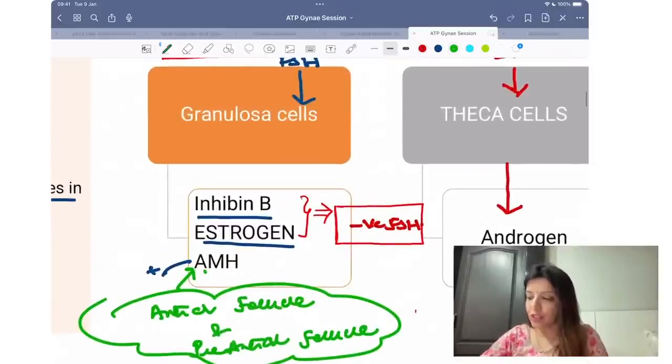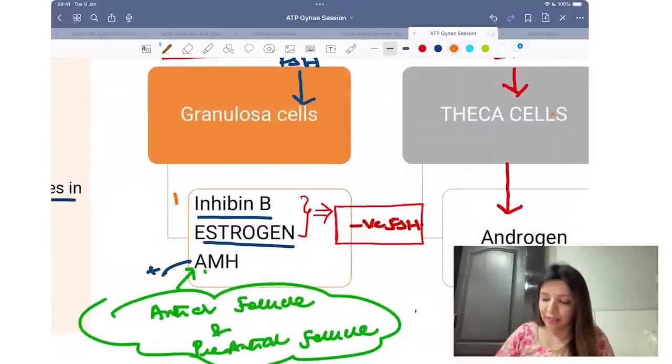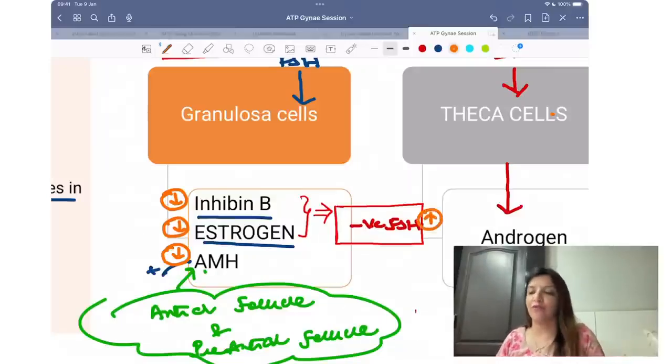In a female in whom there are fewer follicles, inhibin B levels will be decreased, estrogen levels will be decreased, anti-Mullerian hormone levels will be decreased, and FSH levels would be increased, because the negative feedback on FSH would be gone. Right? So FSH levels would be high.